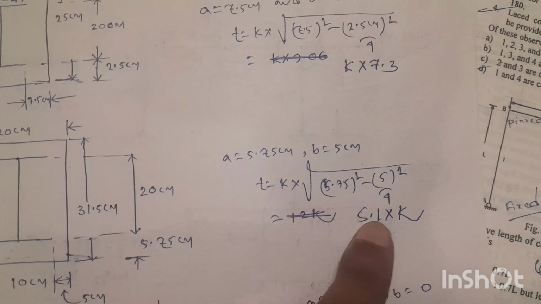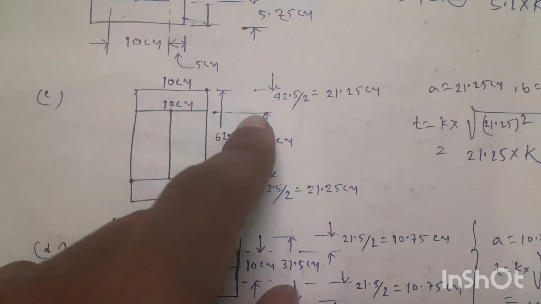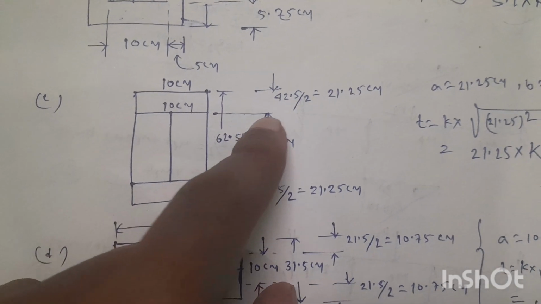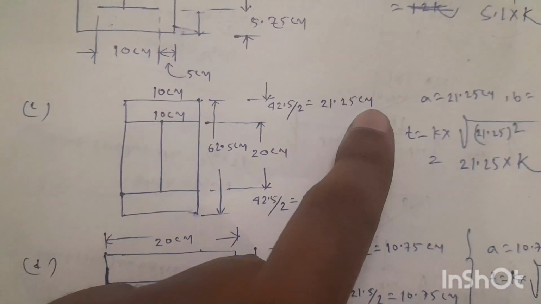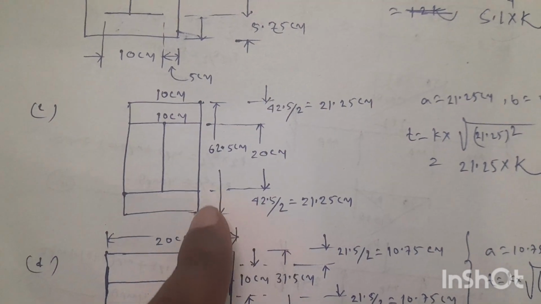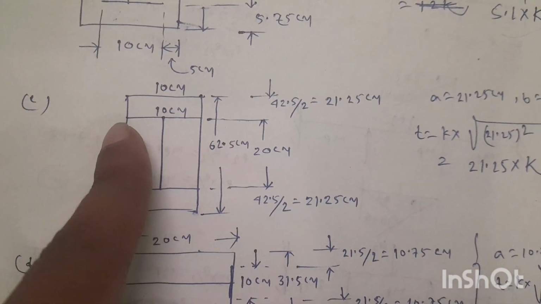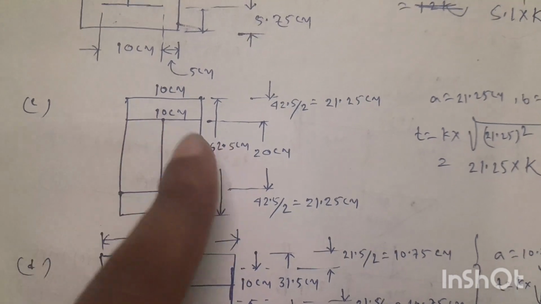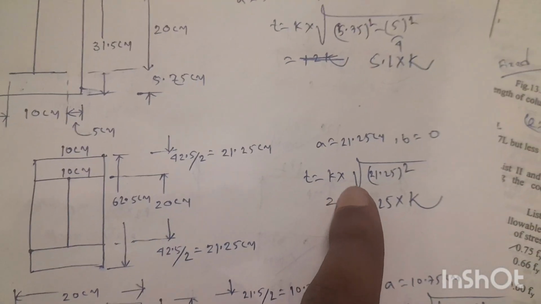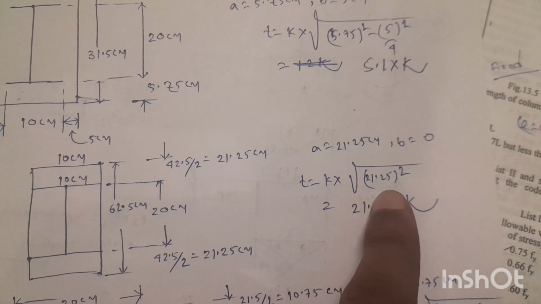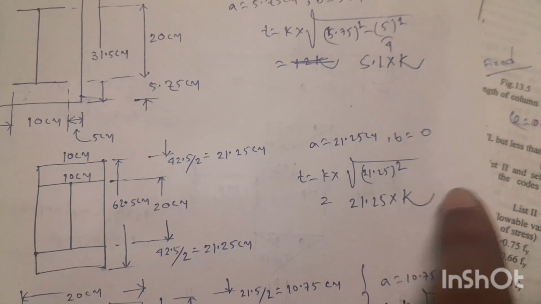It will be 5.1 into K. Next, for arrangement 3, the longer projection A will be 21.25 cm and the shorter projection will be nil because the base plate is connected to the length of the column. So the thickness will be T equal to K into root over of 21.25 square. The value will be T equal to 21.25 into K.